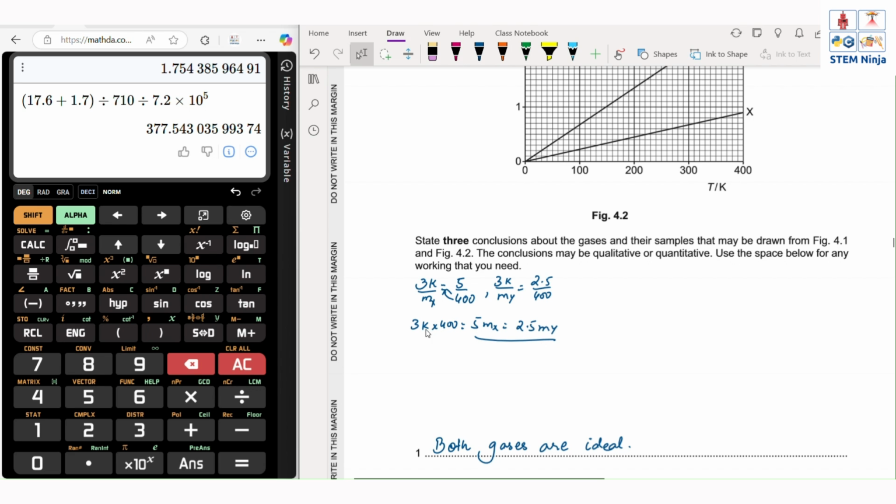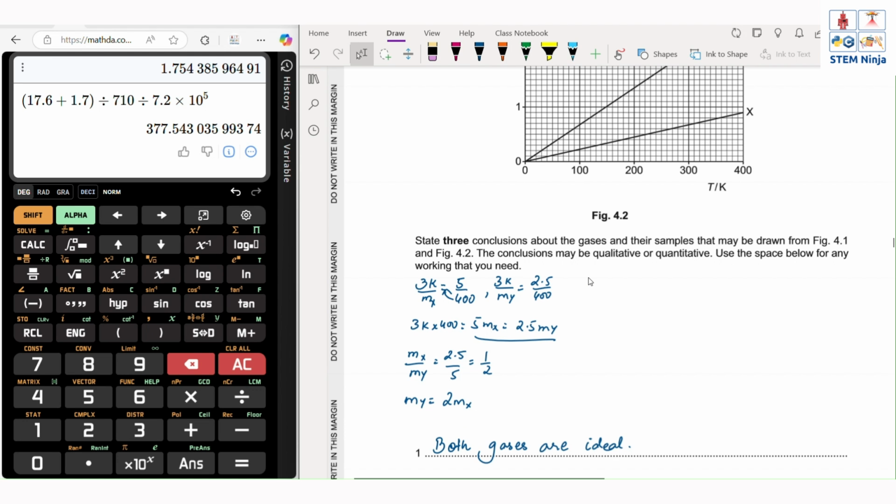We can just focus on this because the other side is constant. So mx over my would be 2.5 over 5, which is 1 over 2. Furthermore, we can say that my is twice the mass of x particle.